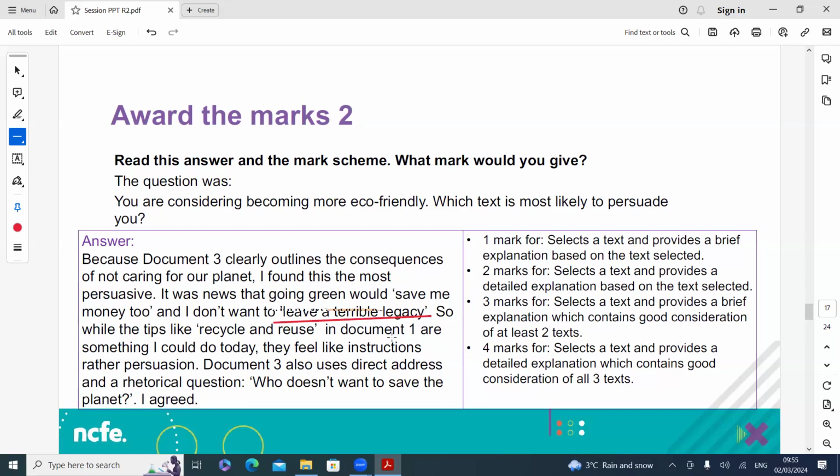It refers to document 1, but we don't have document 2 mentioned. So we're going to go for 3 marks here, because it doesn't consider all three texts. Okay, so to get the full marks, you need to look at all the texts and mention them all in your answer.